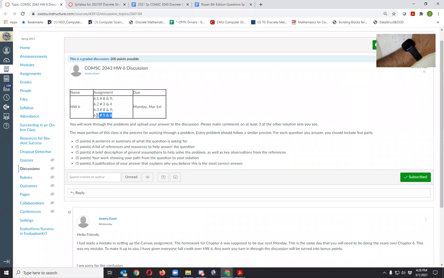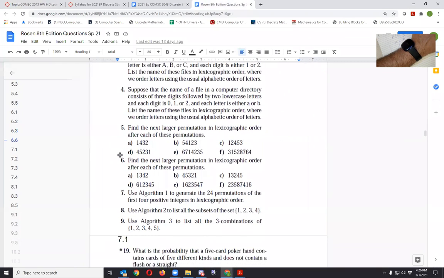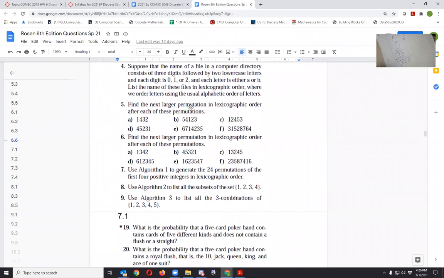Now we're going to skip ahead to chapter 6, section 6, questions 5 and 6. So 6.6, 5 and 6. It says, find the next larger permutation in lexicographical order. Okay, so lexicographical order.